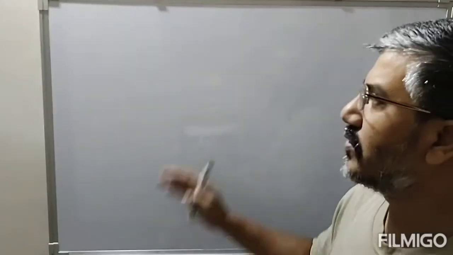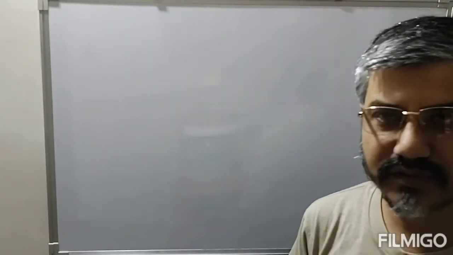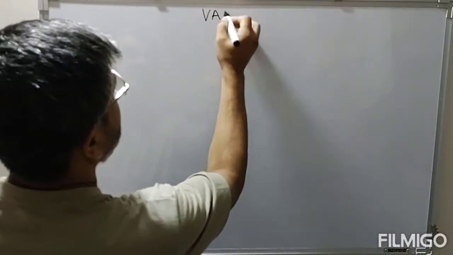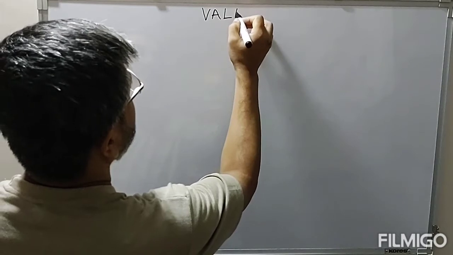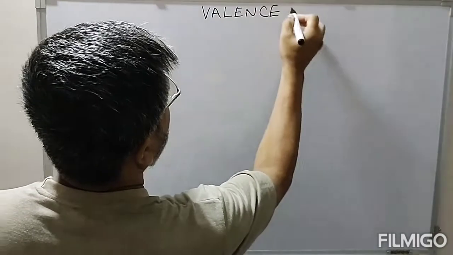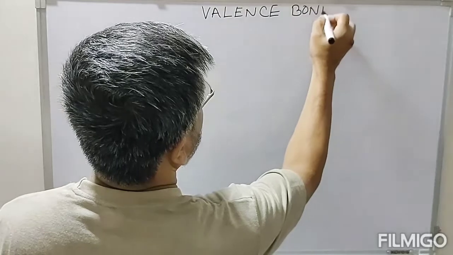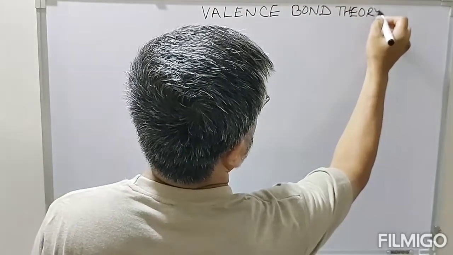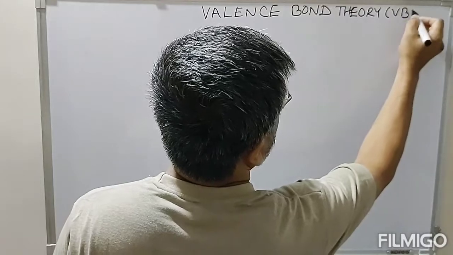So starting with the nature of bonding between the metal and the ligand in coordination compounds, we'll start with the first theory, that is Valence Bond Theory, VBT.